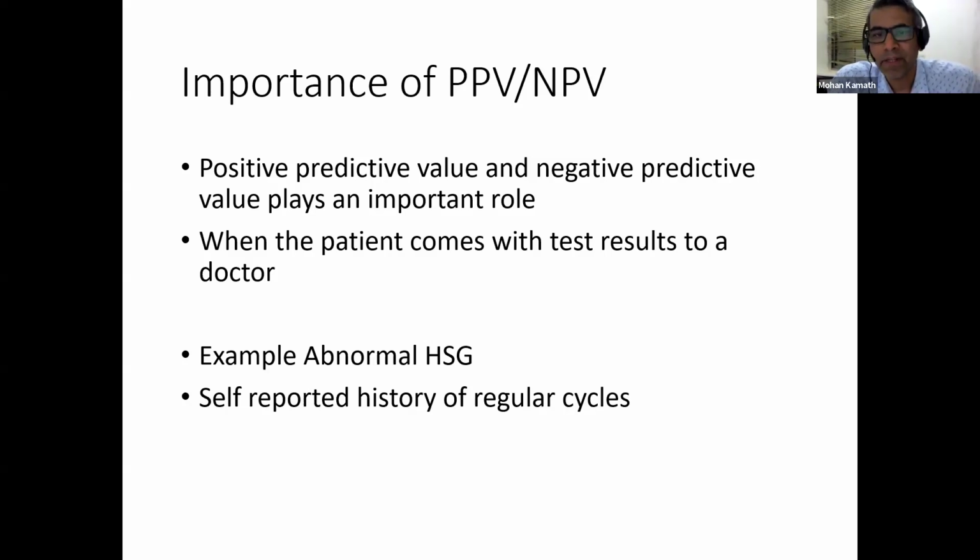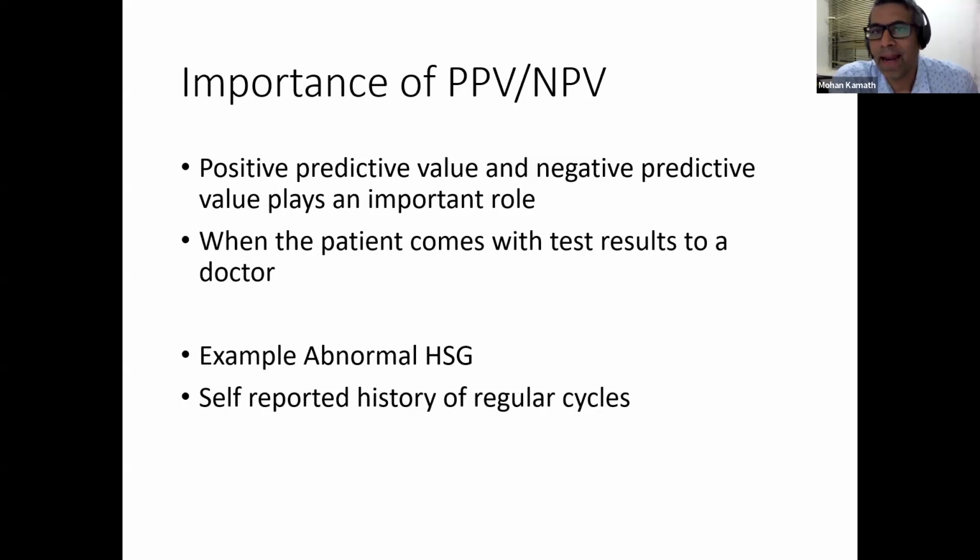Now, if it's, let's say 50%, as far as I remember, that PPV for bilateral block for HSG is 50%. That means that 1 in 2, this patient does not have a block. And that means that we actually have to go for a laparoscopy to confirm this.